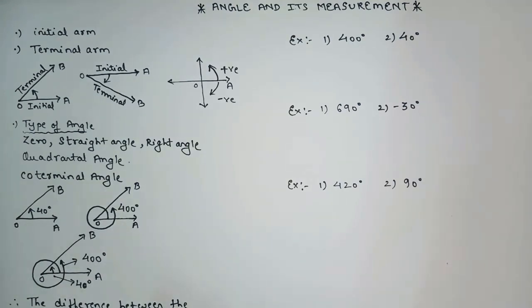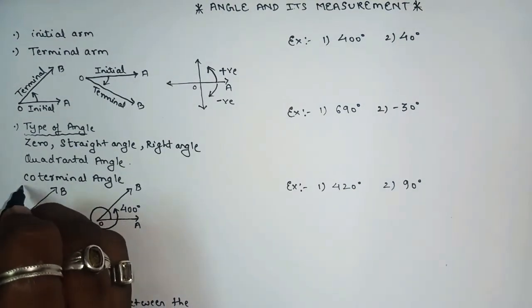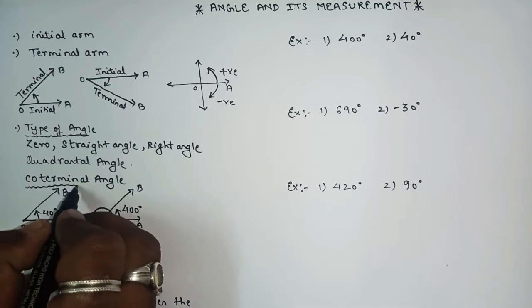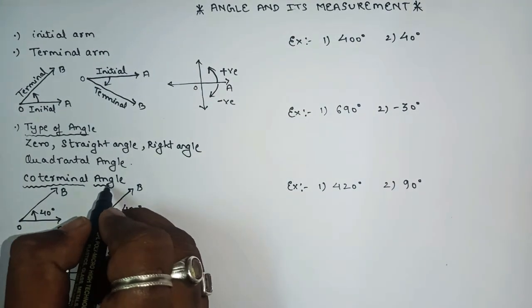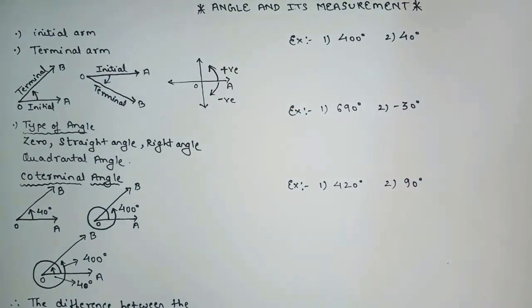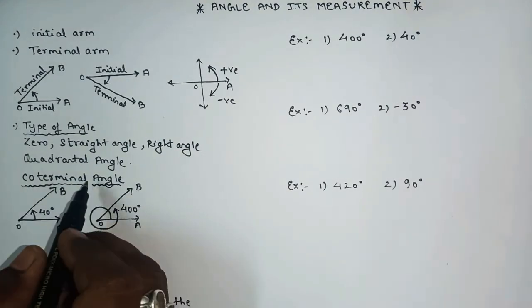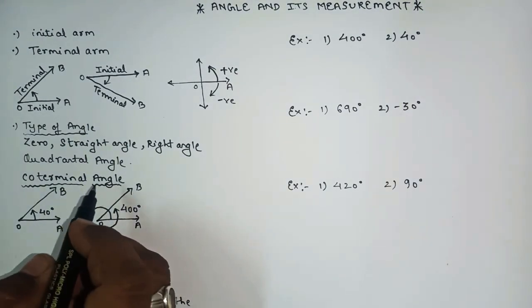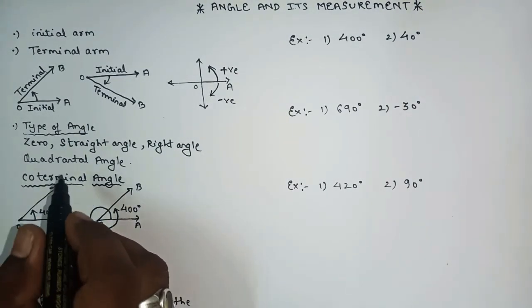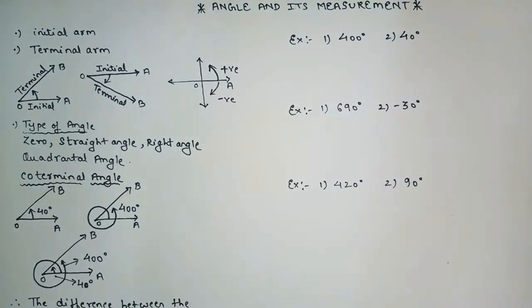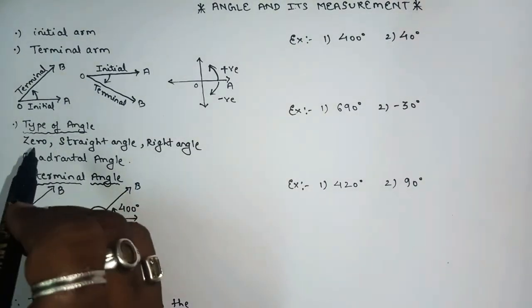There was one more angle which was known as coterminal angle. I hope you all know the definition of this. I guess it was there in 10th standard. If you don't know about this, you must know, because this coterminal angle will play an important role in this chapter.